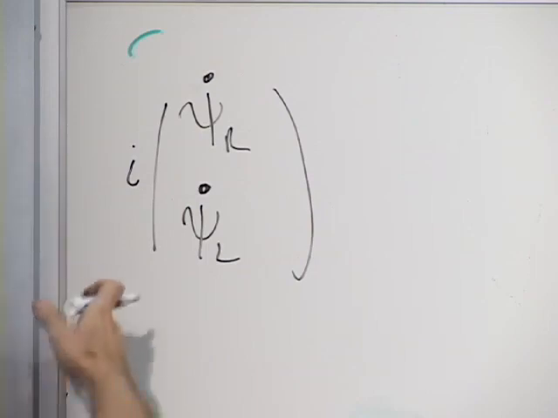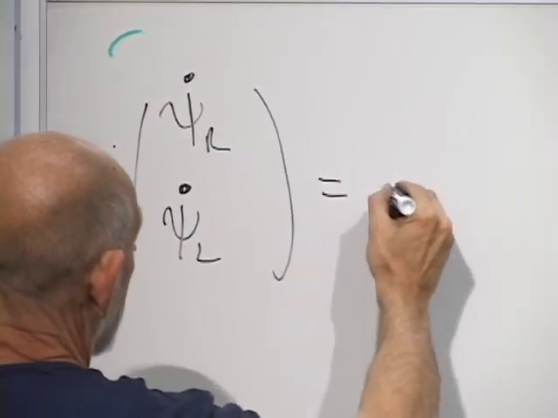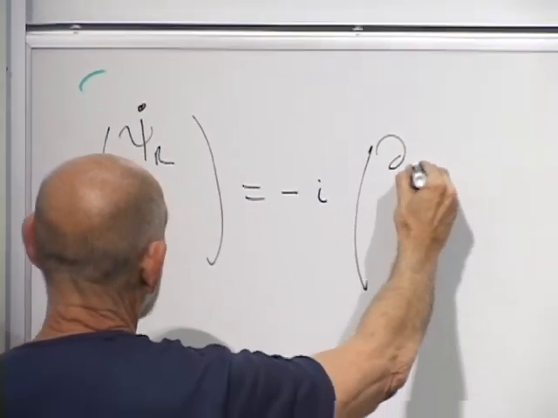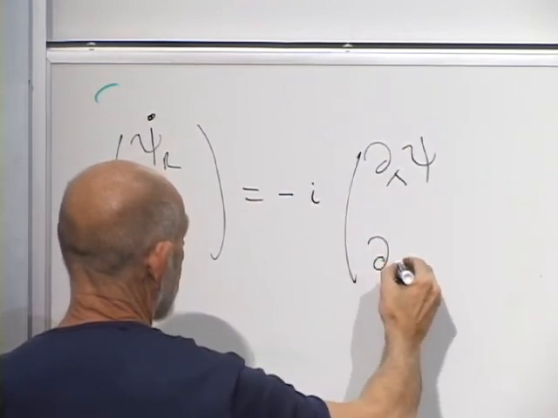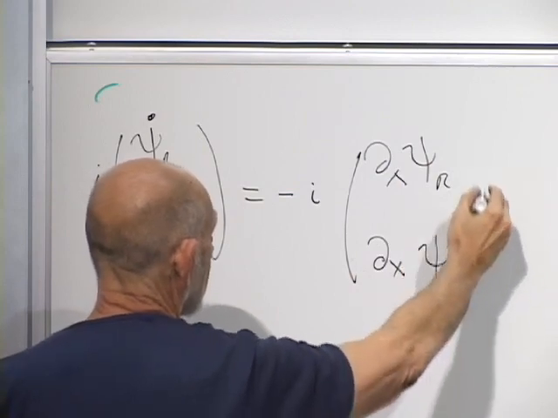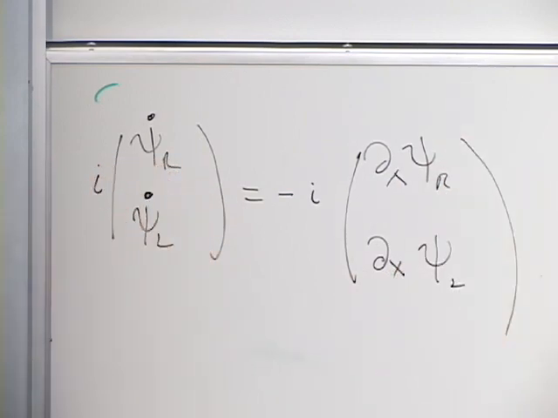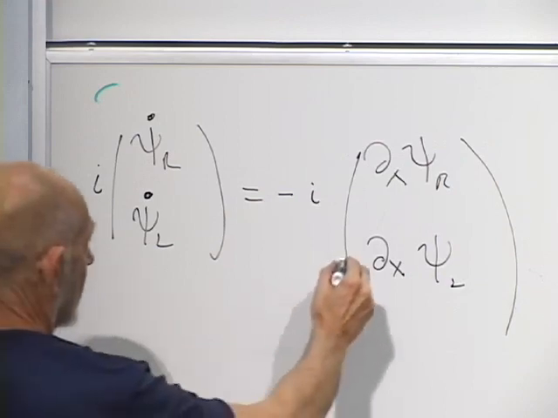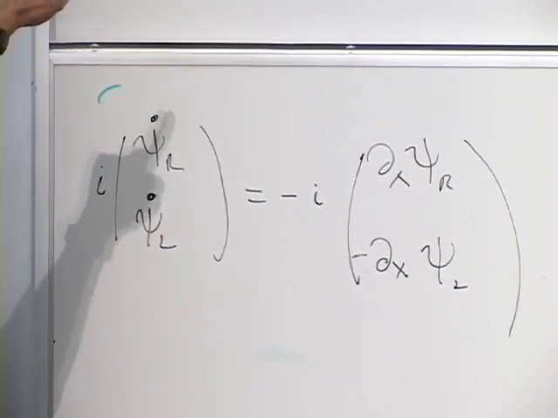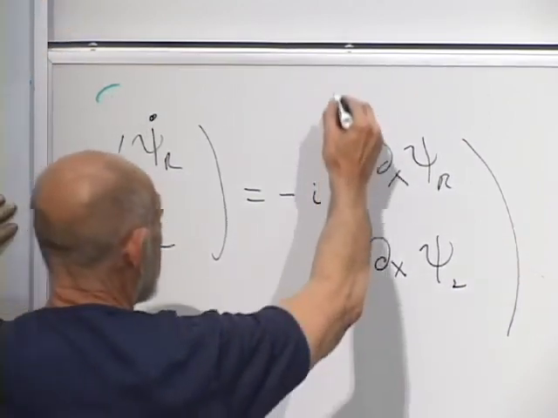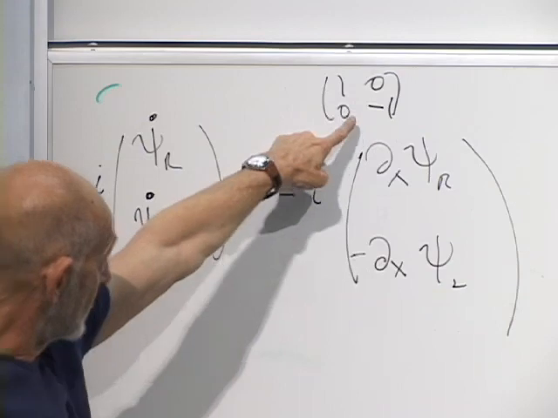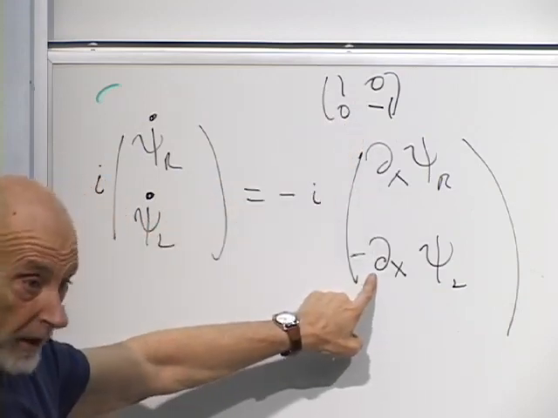So i times the time derivative is equal to minus i times the x derivative of psi right and the x derivative of psi left. No, I'm missing a minus sign here, right? Where did that minus sign come from? It's alpha. Remember what alpha is. It's the matrix 1, 0, 0, minus 1. So this minus 1 here gives you a negative sign down here.